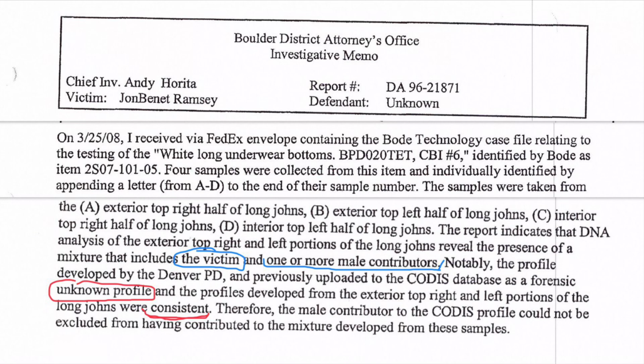Notably, the profile developed by the Denver PD and previously uploaded to the CODIS database as a forensic unknown profile, Unknown Male 1, and the profiles developed from the exterior, top right and left portions of the long johns were consistent. Therefore, the male contributor to the CODIS profile could not be excluded.